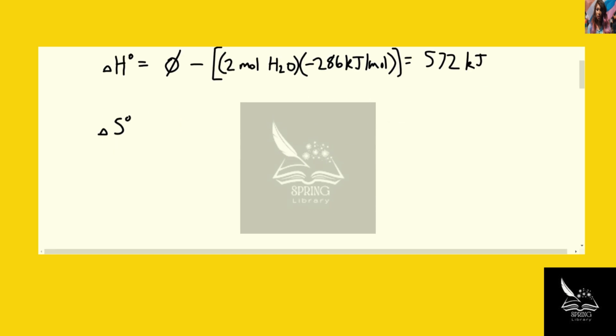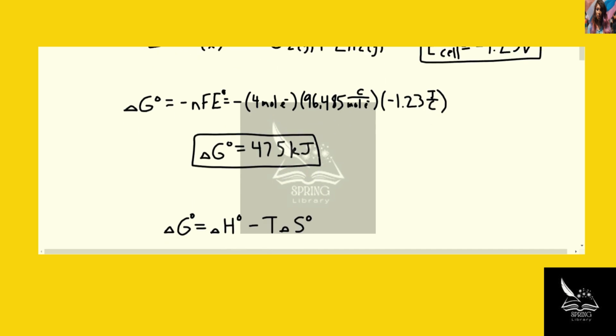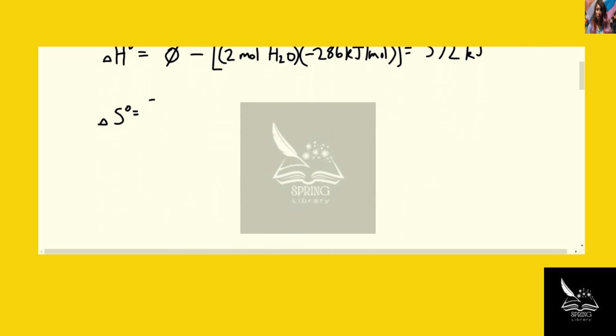And now for delta S, we again do the total entropy of the products minus the total entropy of the reactants. So for the products, we have 1 mole of O2 gas and 2 moles of H2 gas. So 1 mole of O2 gas has a standard entropy value of 205 joules per mole times Kelvin.